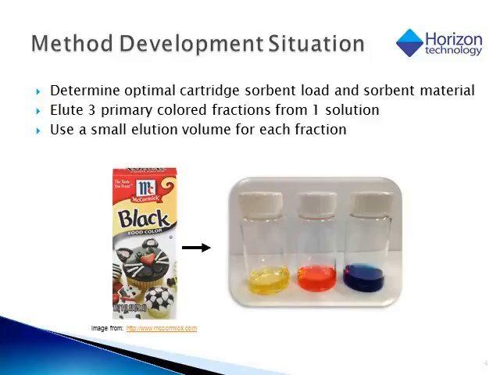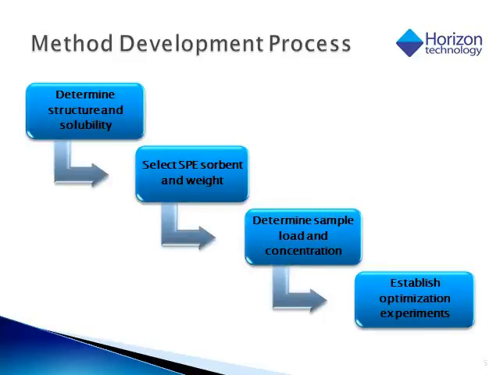Elute from a mixture, which is black, 3 primary colored fractions from that one beginning solution. And then thirdly, to be able to elute in the smallest volume possible. So here you see we have black food coloring as our solution mixture, and the objective is to separate it out into the smallest volume of yellow, red, and blue.